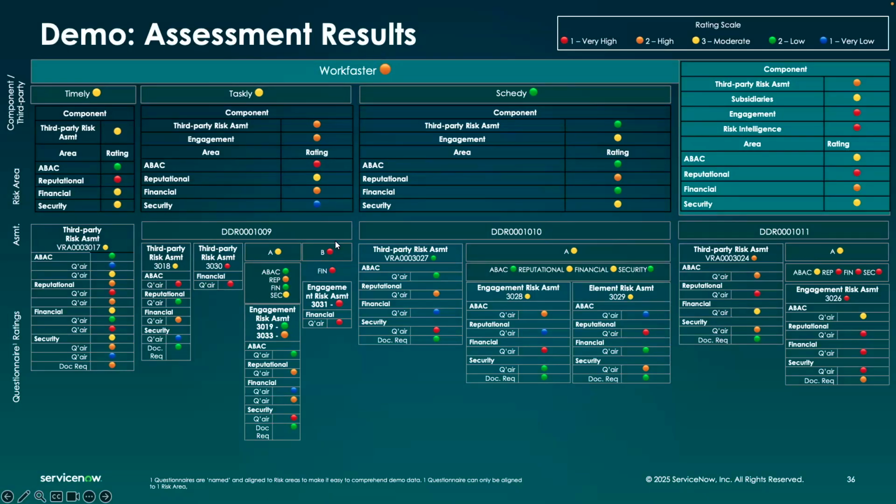We'll also see how these are broken down by different risk areas in each of these different components, specifically from a third party and subsidiary perspective, and also from the perspective of engagements. So with that, we'll quickly jump into the instance over here.